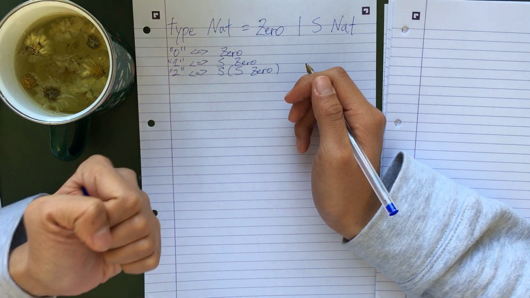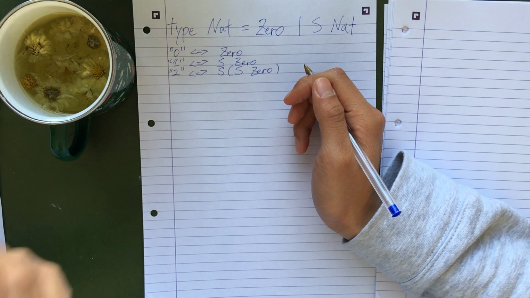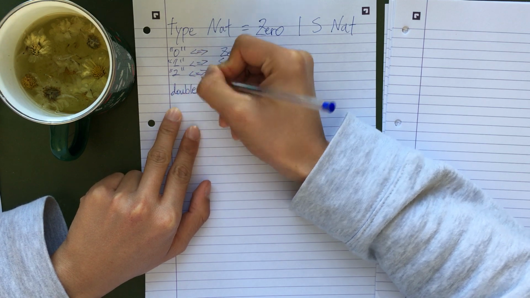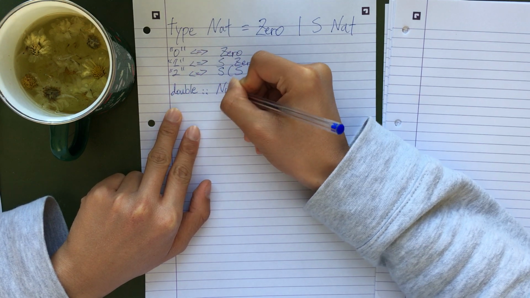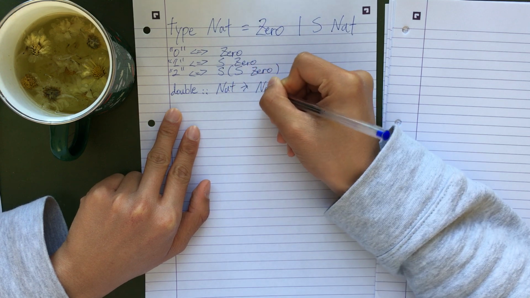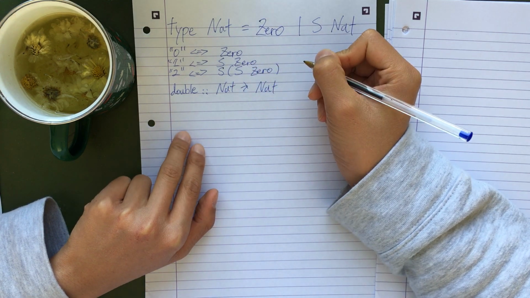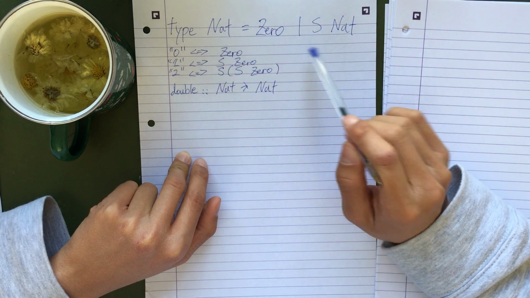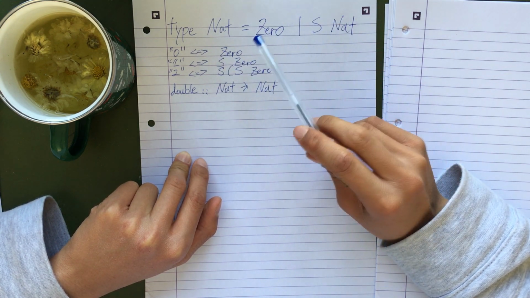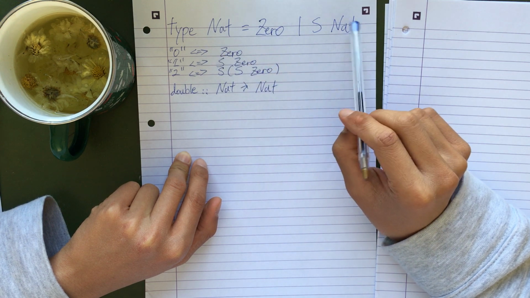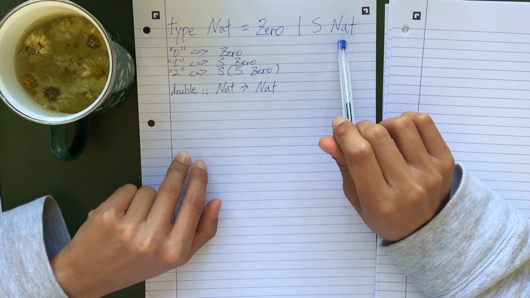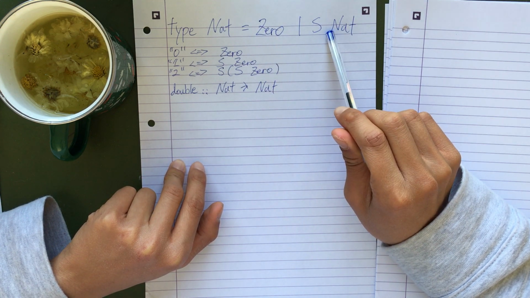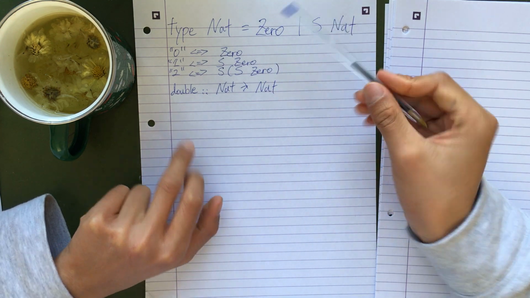Let's try to figure out how to double any natural number. So I want to write a function double that takes a natural number and spits out another natural number, now doubled. Since our definition of a natural number is inductive, meaning that the definition is in terms of itself with this S-nat, let's try to follow this inductive structure.